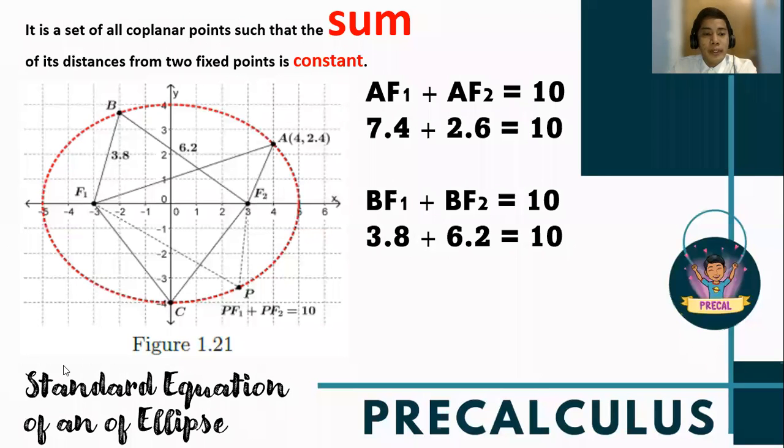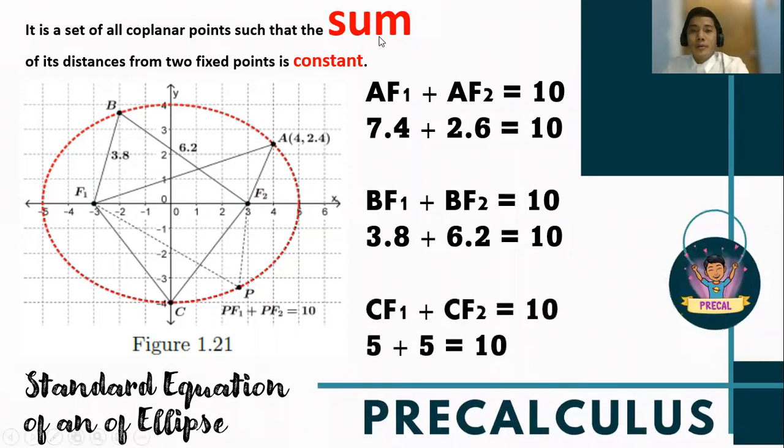Let's have another point. What if we have point C? Observe point C going to F1 and C to F2. How did we obtain the measurement 5? Using the Pythagorean theorem, observe the legs of the right triangle formed here.